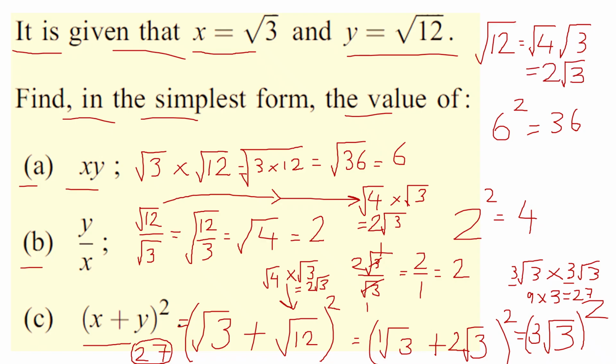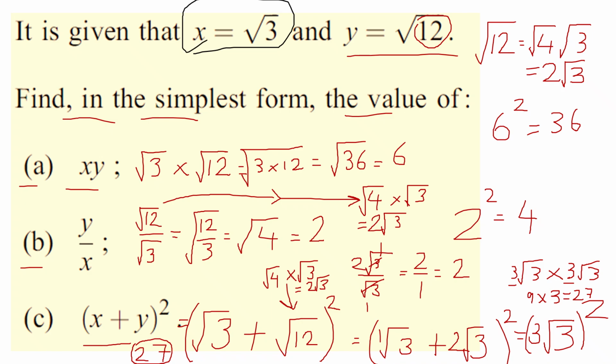You're looking for the biggest square number factor that goes into 12. 3 doesn't work here because 3 is actually prime, and there's no other square number other than 1 that goes into 3. So that's why root 3 cannot be simplified, just to be clear.